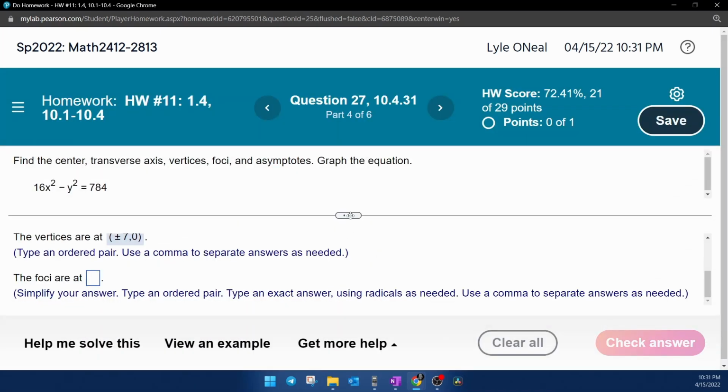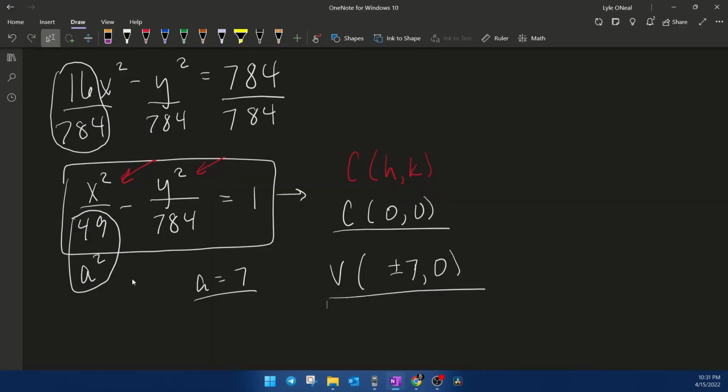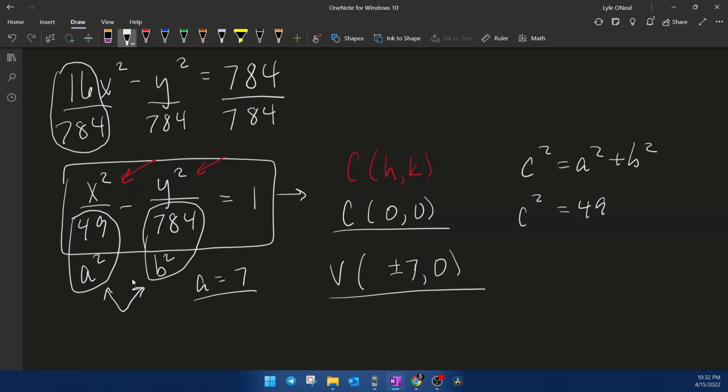Yeah. The foci depend on the value of c. Now, in order to get the value of c, we're first going to have to find b, knowing that b squared is the second denominator, and I don't think I need to square root those. I'm going to use the a squared and the b squared. Given our Pythagorean relationship, c squared equals a squared plus b squared, that's going to give us c squared equals 49 plus 784.